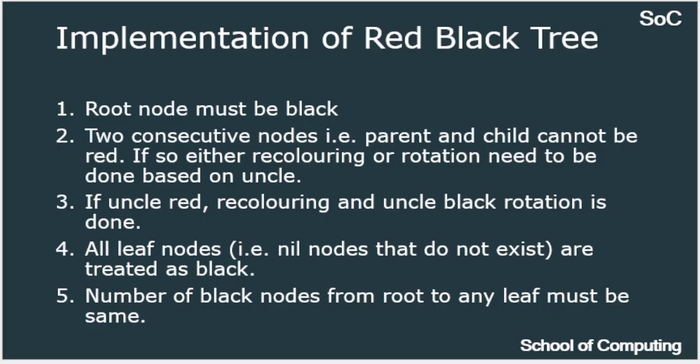And all leaf nodes, very specifically leaf nodes here, I am referring to the child of leaf. So as such, the child nodes of leaf does not exist. Leaf nodes are the nodes for which there are no children. In red-black tree, we assume those children of leaf which do not exist.